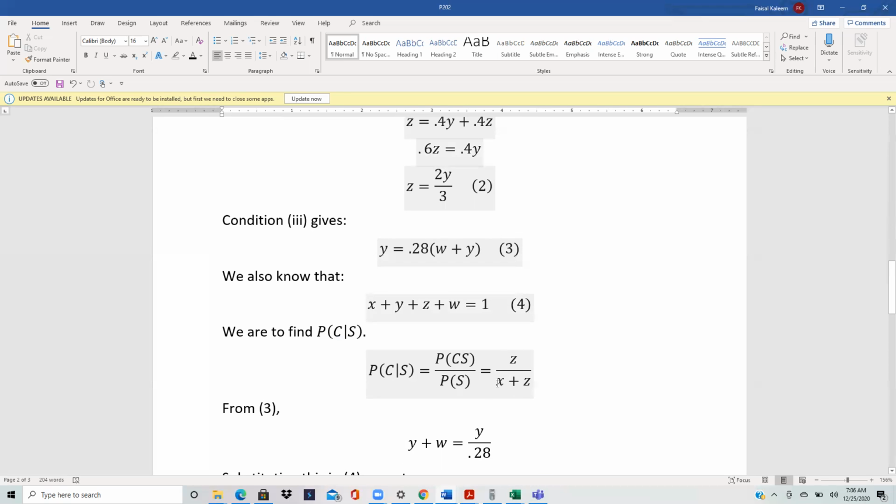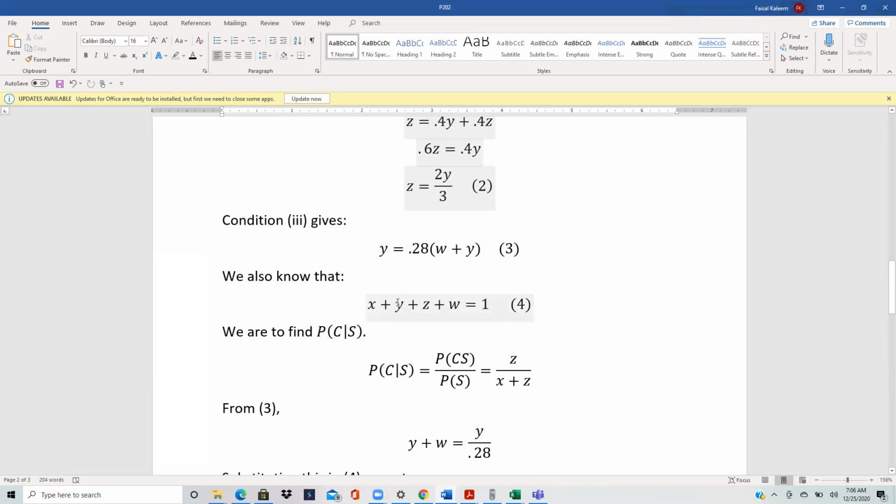So we try to find a route where we eliminate everything else and get just the Z and the X. From here you can see that W plus Y is equal to Y over 0.28. So this equation has a W plus Y in it.